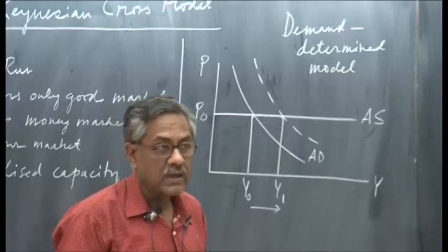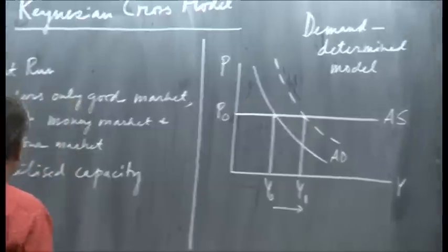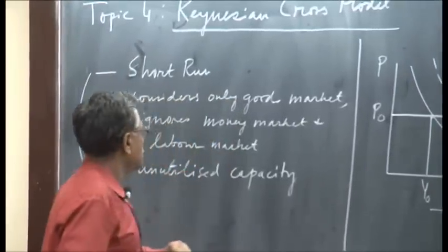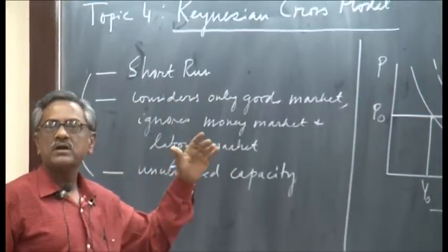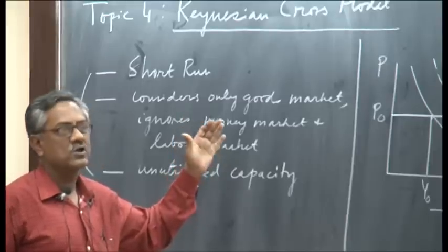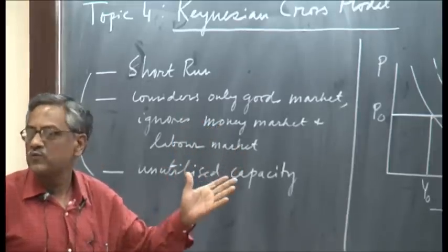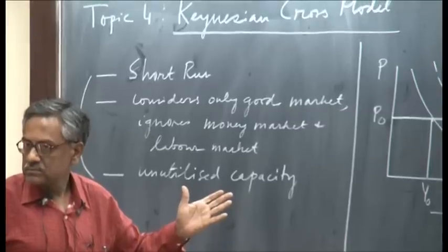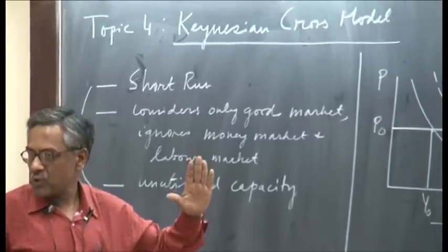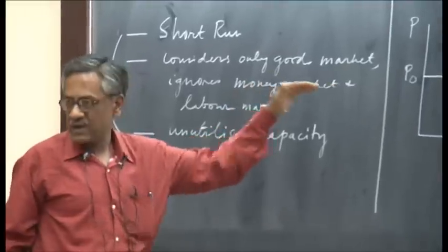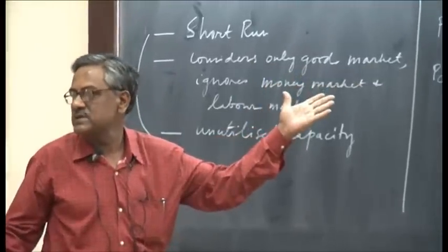Now, as I've said, we would ignore the money market, and we would ignore the labor market. The labor market is ignored because the labor market gives you the supply curve. If the supply curve is horizontal, what happens in the labor market is of no importance to us. So it is rendered unimportant. With a horizontal supply curve, who cares what happens in the labor supply?